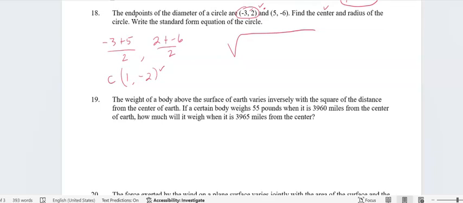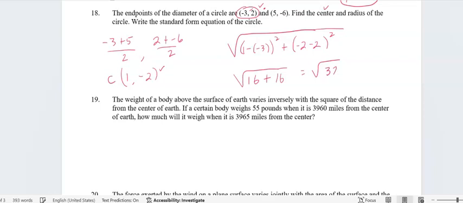So the distance formula is the difference between the x's squared added to the difference between the y's squared. And this is going to be 4 squared, which is 16. And this is negative 4 squared, which is also 16.